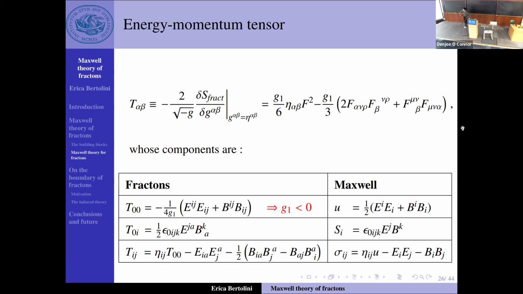All these components are a higher rank extension of the Maxwell components, thinking of the Poynting vector and of the stress tensor.